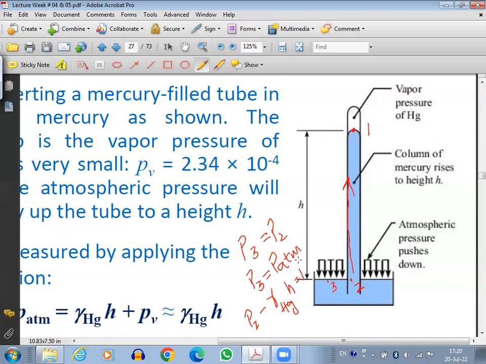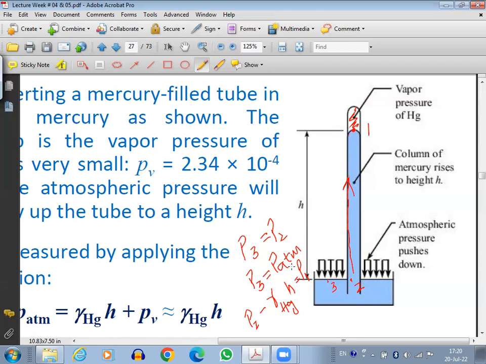equals P1. Now I don't want to write things in gauge values. I want to write them in absolute values. I know this is absolute 0 here, because there is vacuum. So P1 is 0, but this 0 is not gauge 0, it's absolute 0.